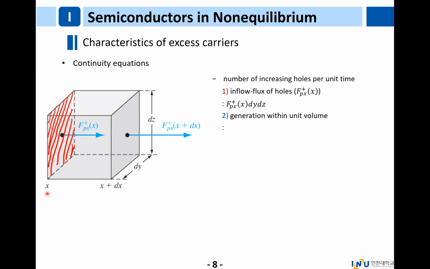Next, consider the generation of holes within the unit volume due to thermal energy. So the number of holes generated per unit time due to thermal energy within the unit volume is given by the generation rate multiplied by the volume, so Gp dx dy dz.